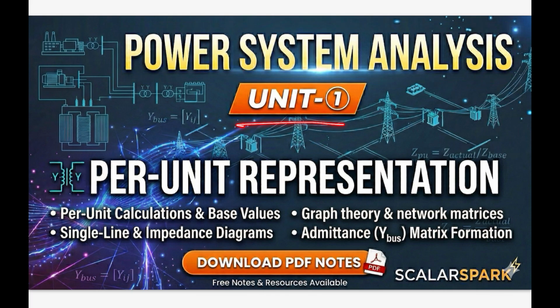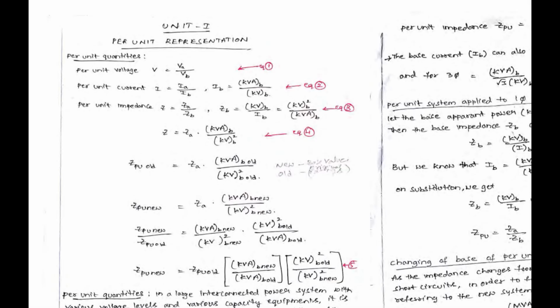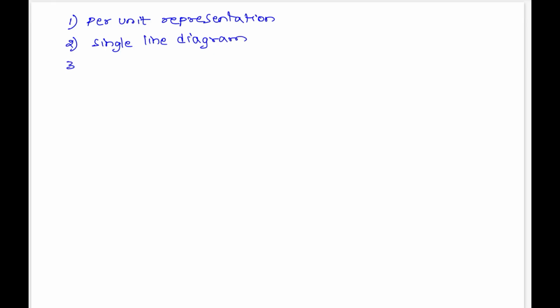This is Unit 1, and in this lecture we are going to cover the per unit representation, single line diagram, impedance diagram.